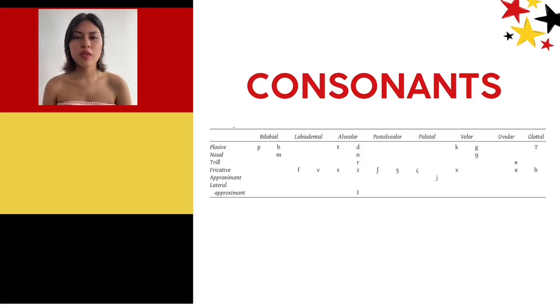The consonant inventory of Standard German includes a wide range of sounds distributed across different places and manners of articulation. These consonants can be classified according to whether they're voiced or voiceless, and by how they are produced in the mouth. Stops: completely closed vocal tract. Nasals: air flows through the nose.